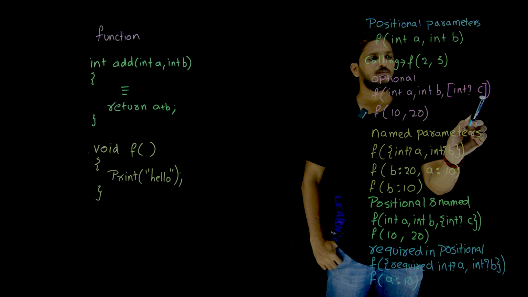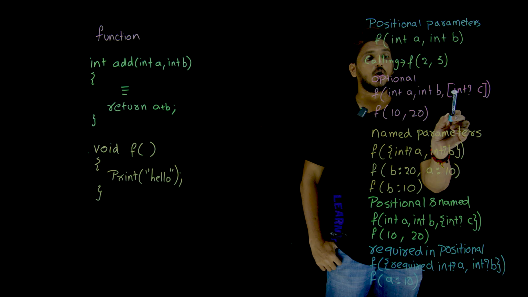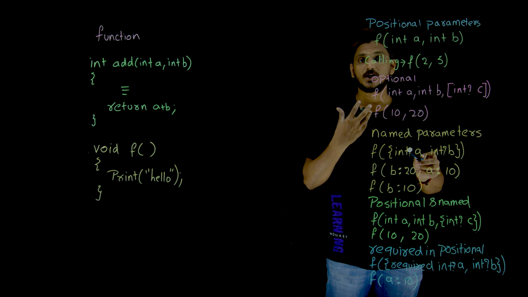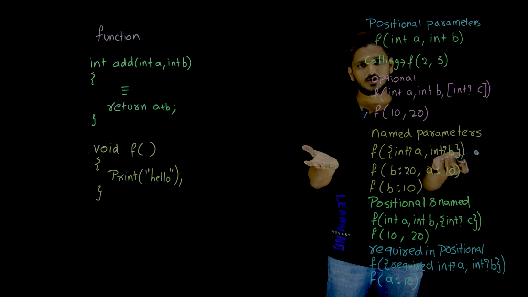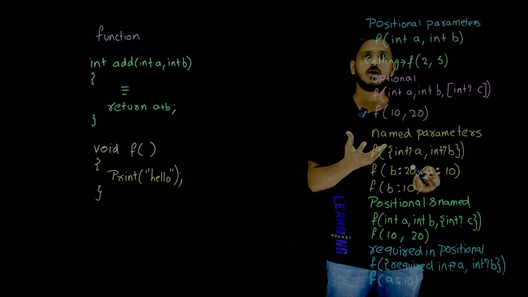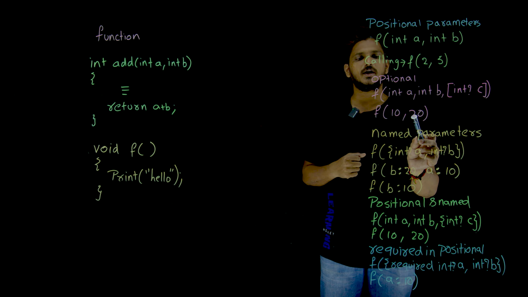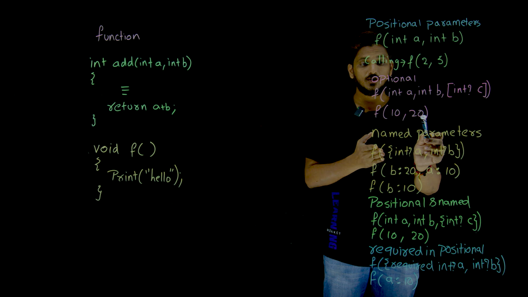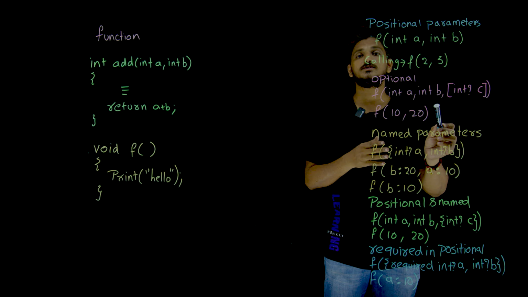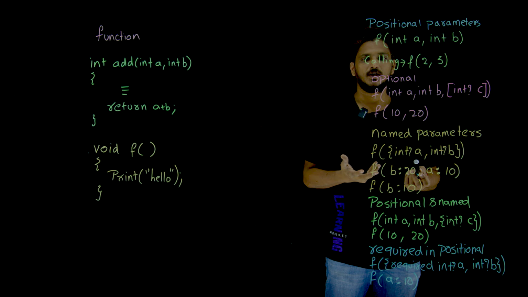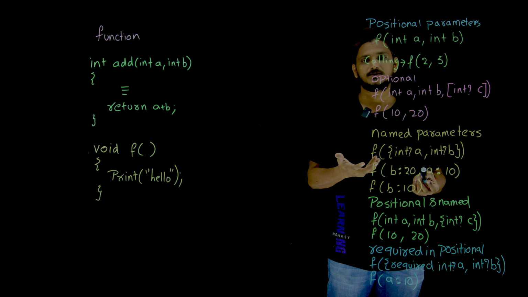You mentioned that in brackets, which means this is optional. During the function call, you may pass it or you may not, according to your requirement. f(10, 20): 10 is assigned to a, 20 is assigned to b. You did not mention any value, so c is taken as a null value. That is what optional means.